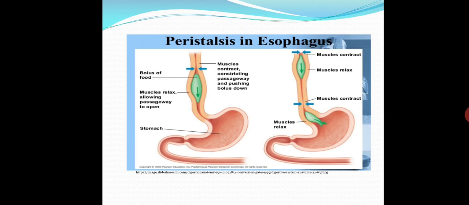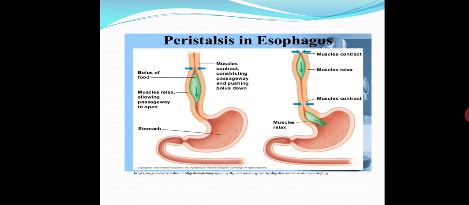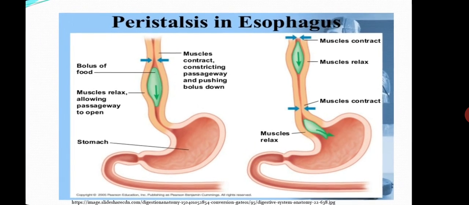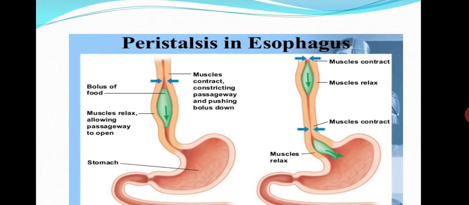What is peristalsis? I told you it's rhythmic contractions which occur and push the food downward in a lumen. Peristalsis that occurs in the esophagus is shown in this picture.